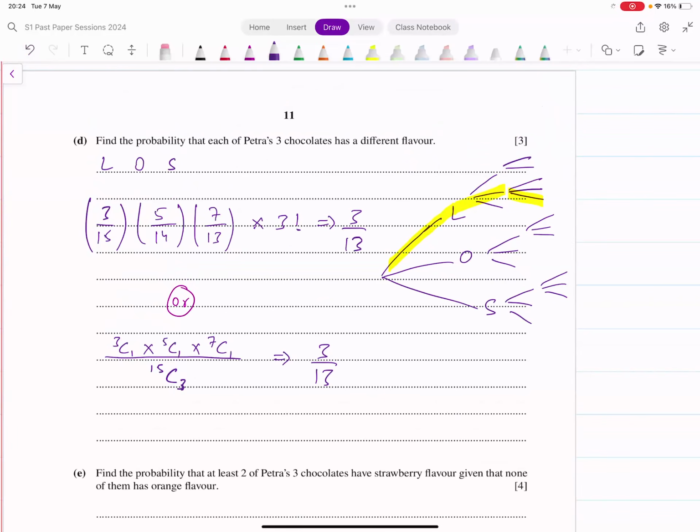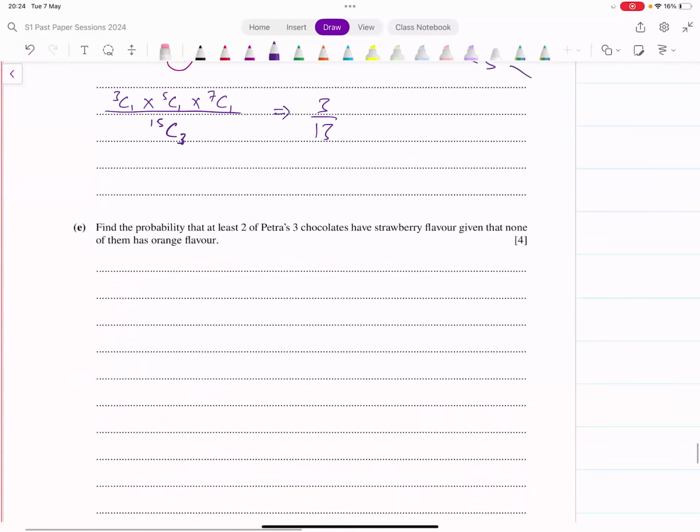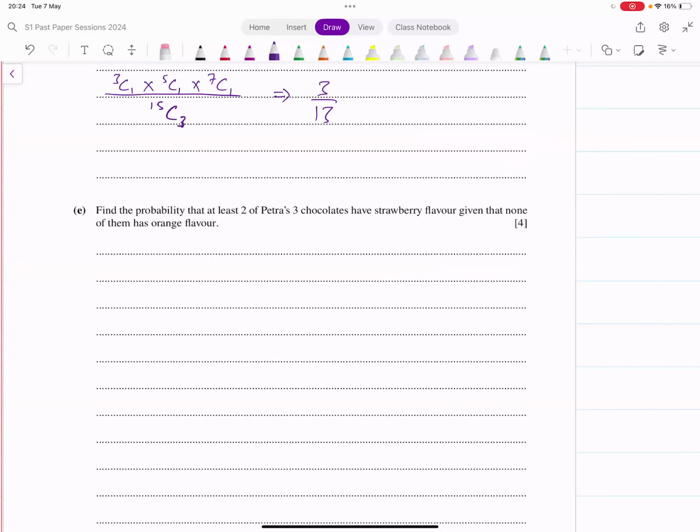Okay, let's move on to the next one now. It says find the probability that at least 2 of her chocolates have strawberry flavor, given that none of them has orange flavor. Now this is conditional probability. None of them should have orange flavor. Let me write that down.